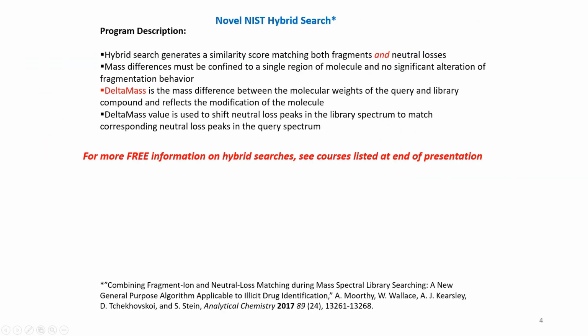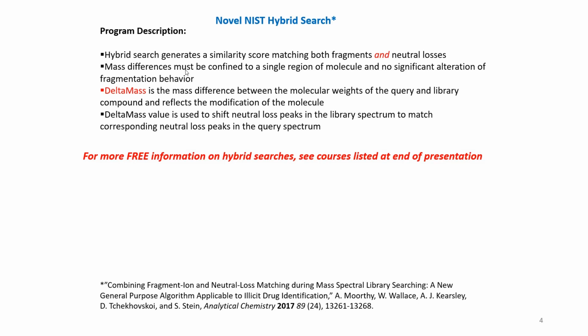These spectraless database searches can be shown to be especially powerful when used with the novel NIST hybrid search as shown in this presentation. The hybrid search generates a similarity score matching both fragments and neutral losses, and the mass difference must be confined to a single region of the molecule with no significant alteration of fragmentation behavior.